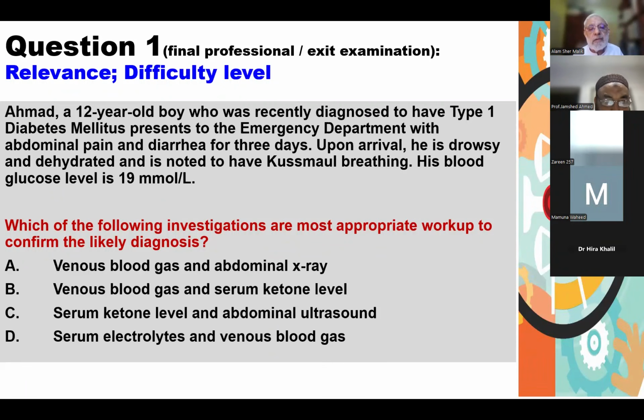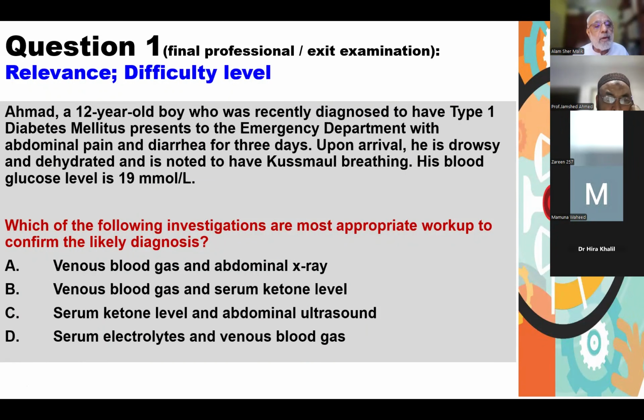Right now, obviously, this is a case of diabetic ketoacidosis, and the model answer would be B, where we need to do the venous blood gas and serum ketone levels to make a diagnosis.